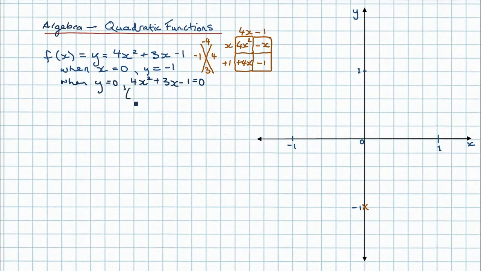So now we can factorize this, and we've got 4x minus 1 times x plus 1 equals 0.